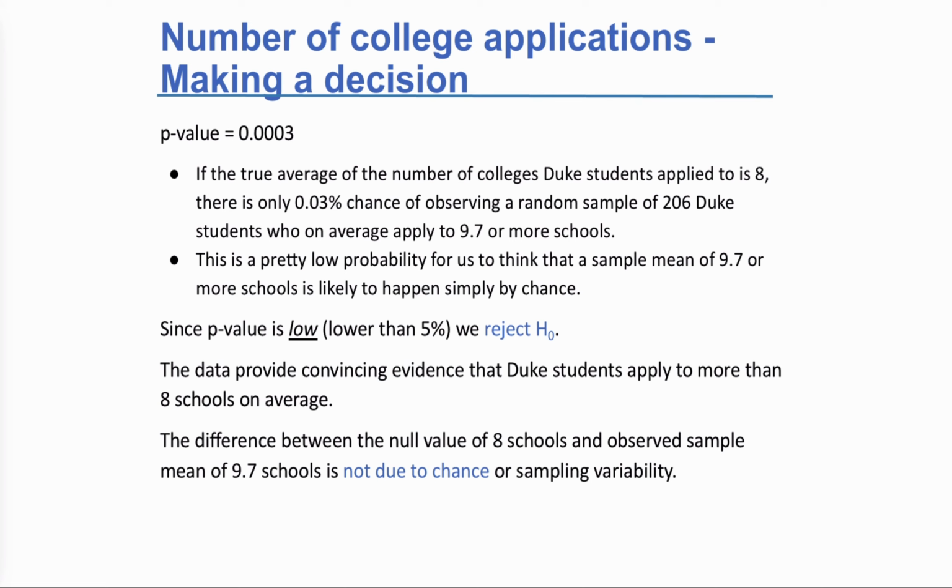So since our p-value is low, lower than our alpha of 5%, we reject the null. The data do provide convincing evidence that Duke students apply to more than 8 schools on average. The difference between the null value of 8 schools and the observed sample mean of 9.7 schools is not due to chance or sampling variability.